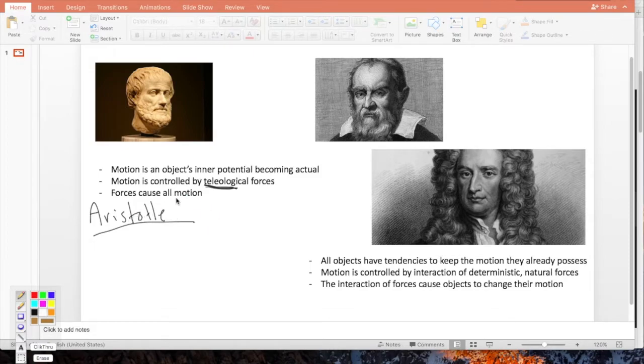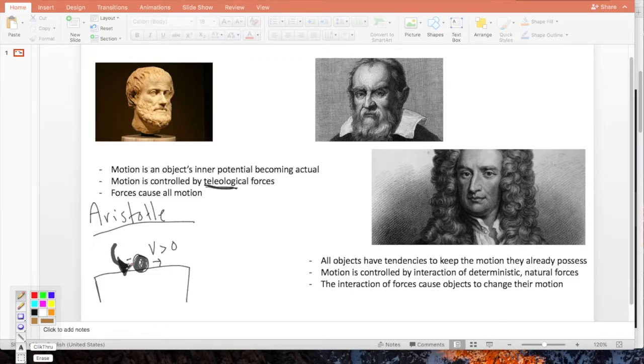And he also said that in order for something to move at all, it must have a force behind it. So Aristotle would look at our example earlier, where we had that ball rolling along a smooth, frictionless surface, and Aristotle would say, aha, that ball is moving, so there has to be a force applied to it at all times to keep it moving.